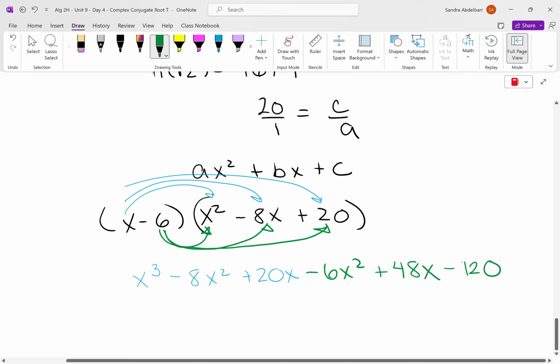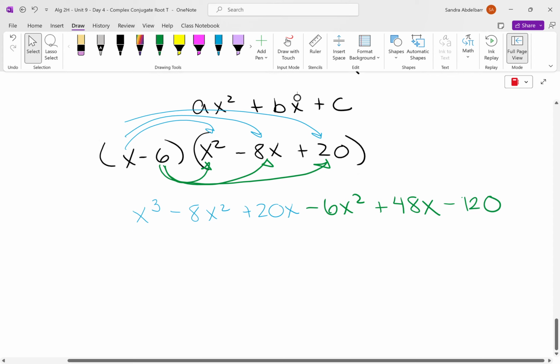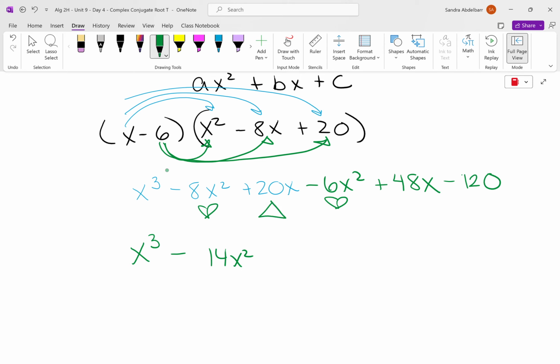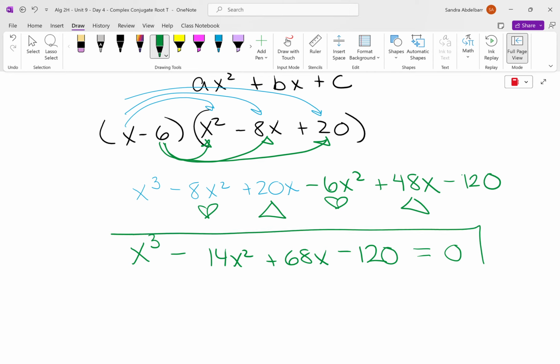And negative 6 times a positive 20 is a negative 120. We are now going to combine our like terms. So I'm going to get x cubed minus 14x squared plus 68x minus 120.